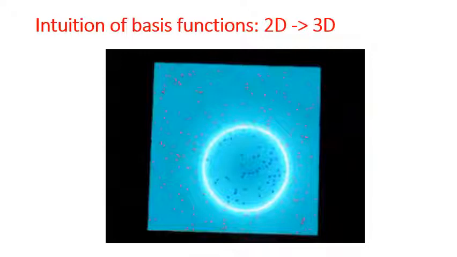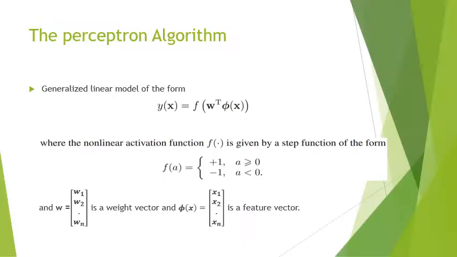So from now onwards, assume that your input, which was an image, you can either use a basis function on your input, or you can directly use your input, right? So assume that the input vector is still x, right?